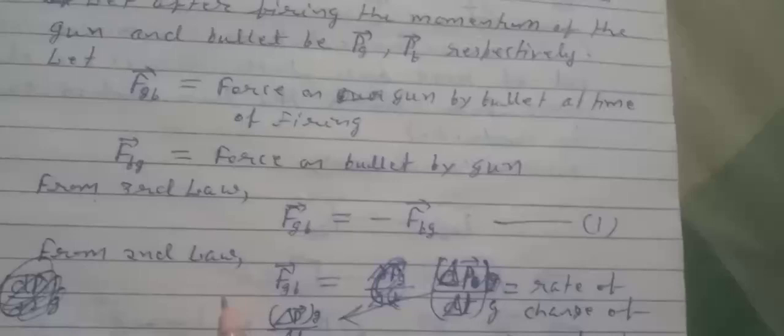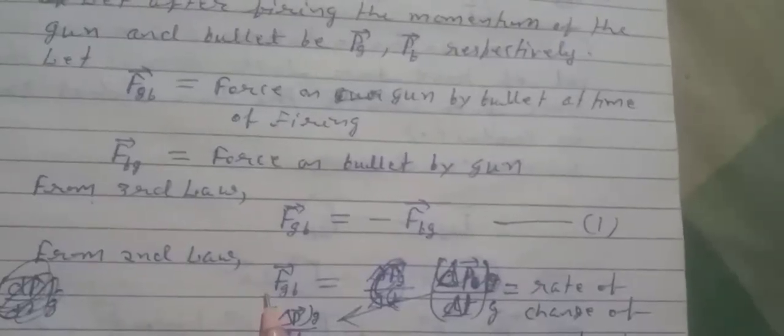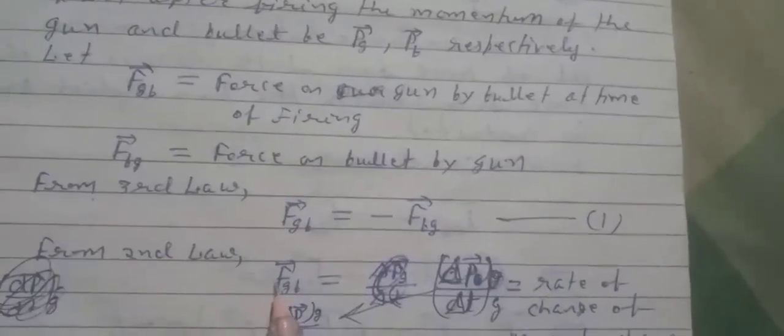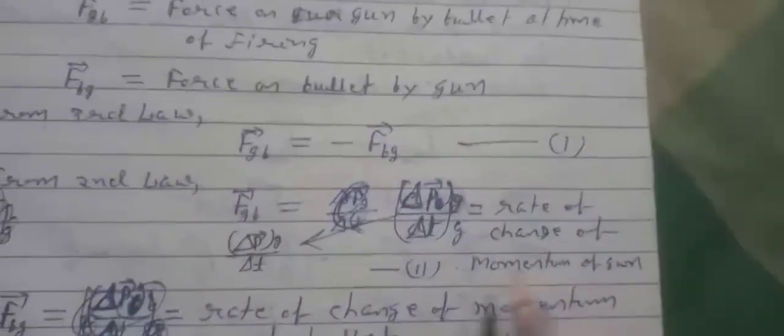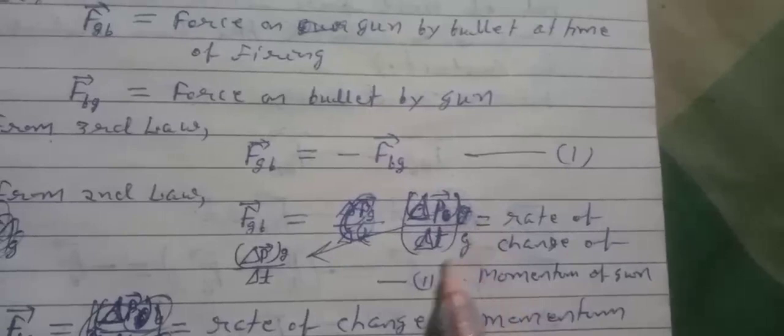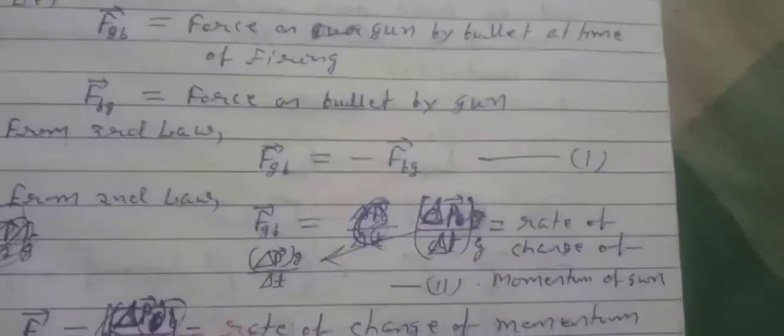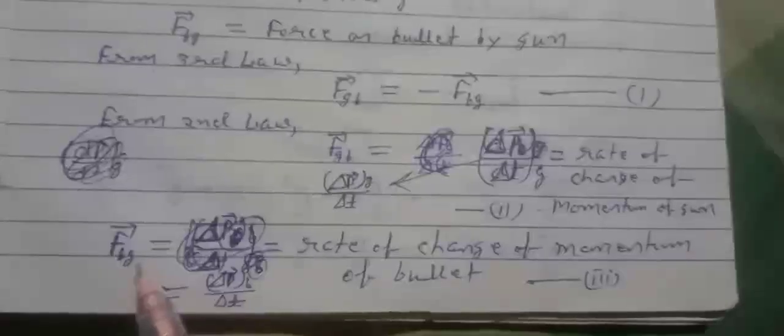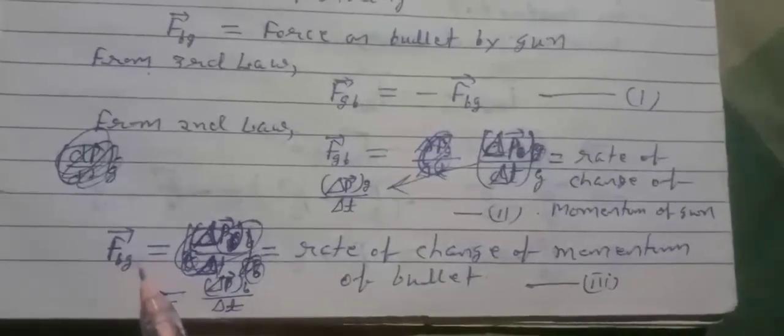Again, from the second law we know that force is given by the rate of change of momentum. So we have the rate of change of momentum of the gun, delta PG by delta T, equation 2, and this FBG is the force on B due to the gun.